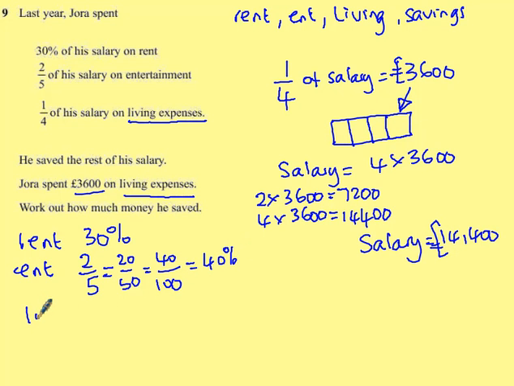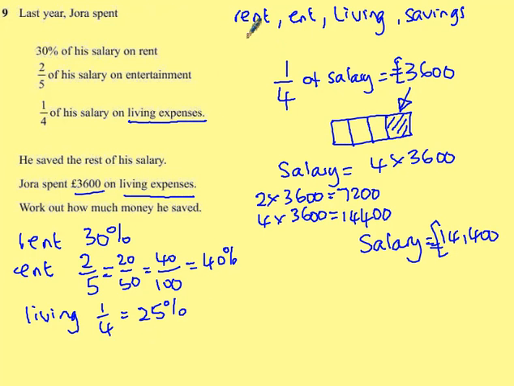On his living expenses, we know he spent 1/4. 1/4 is equivalent to 25%. We got it from the diagram here. That is 1/4, which is 25%. 25%, half it is 12.5%.